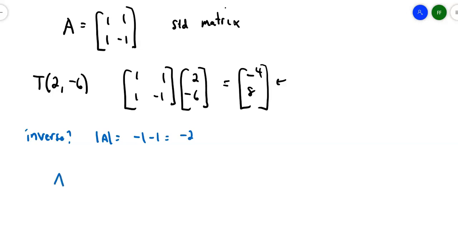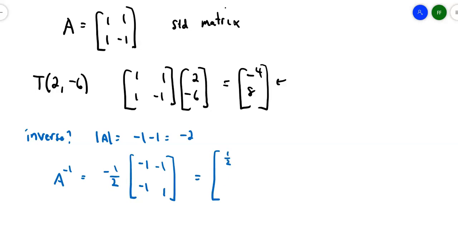So A inverse is negative 1/2 multiplied by the matrix that I transform. So I switch it around. I put the negative 1 up here, the 1 down here, and I negate both of the other two. So A inverse is 1/2, 1/2, 1/2, negative 1/2.